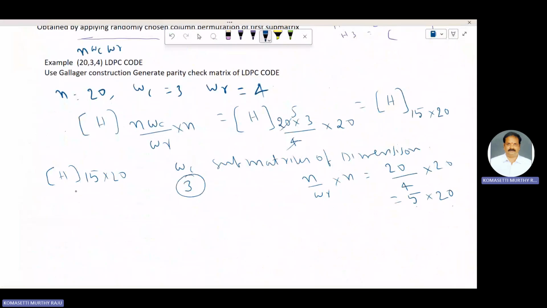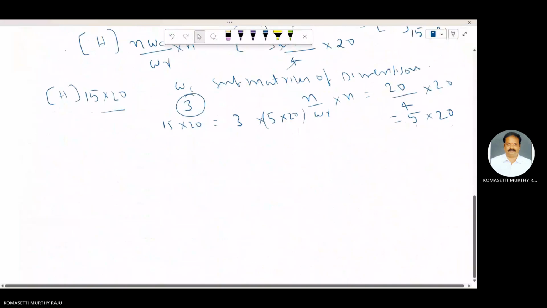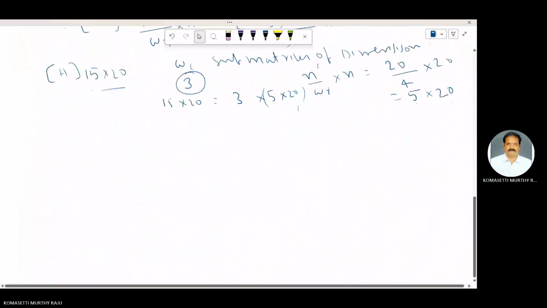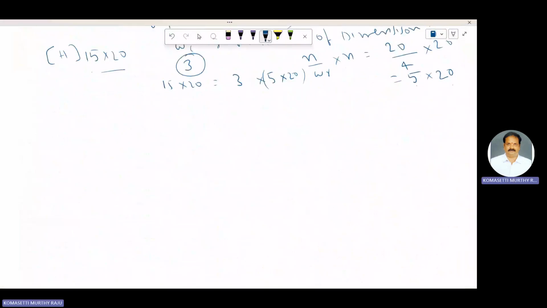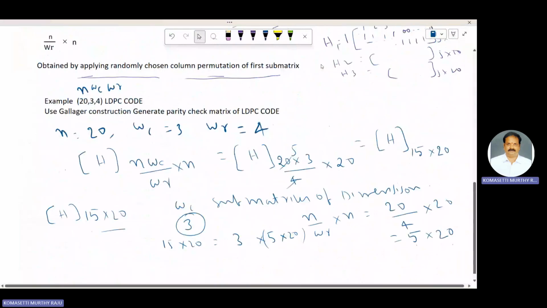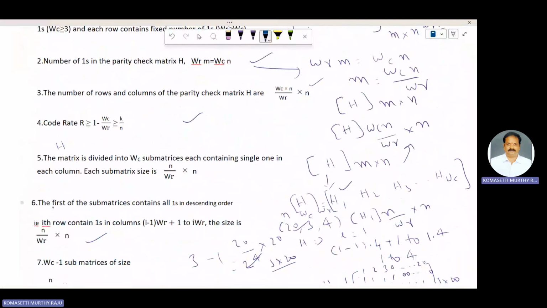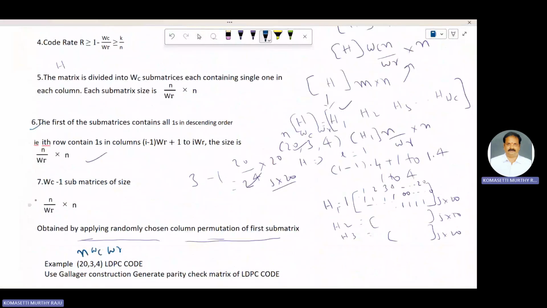Main H parity check matrix size is 15 cross 20. 15 cross 20 is divided into 3 into 5 cross 20. Now develop the H matrix by using these 6, 7 points.